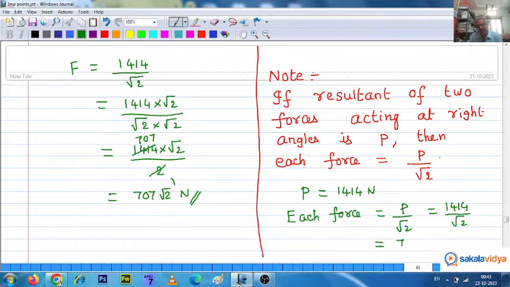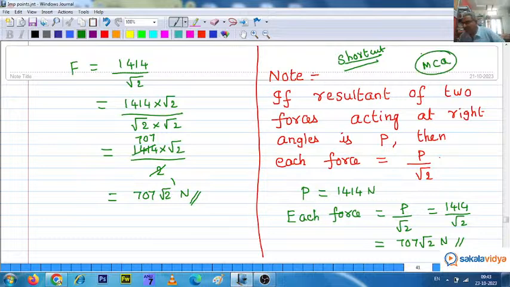So by rationalizing, 707 times root 2 newtons you will be getting. Shortcut, you can use this shortcut. For multiple choice questions you can make use of it like this. So directly without paper and pen also you can solve in the examination. Right.